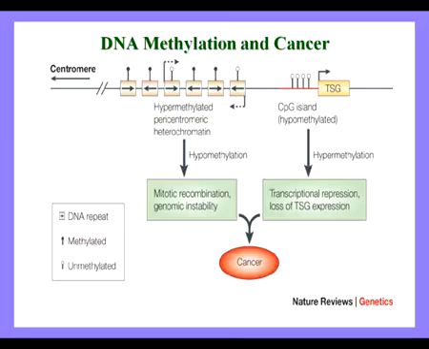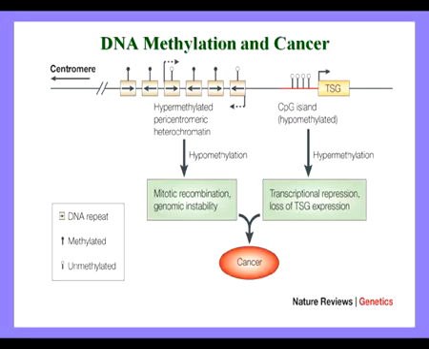And if you recall from my previous slide, the methylated portion prevents gene expression, whereas hypomethylated or unmethylated portions promote gene expression. So this is not methylated, therefore it promotes the expression of TSG.